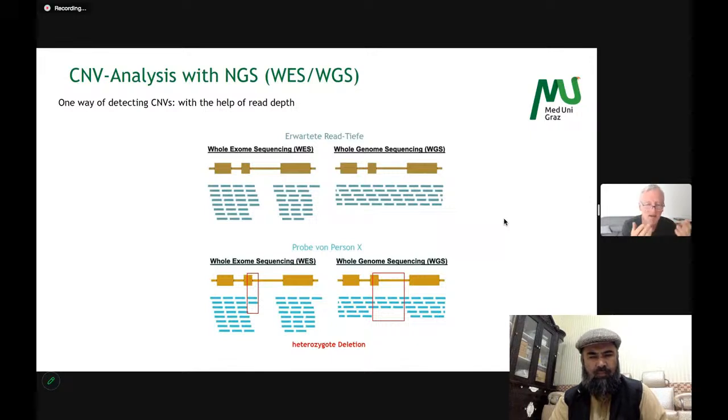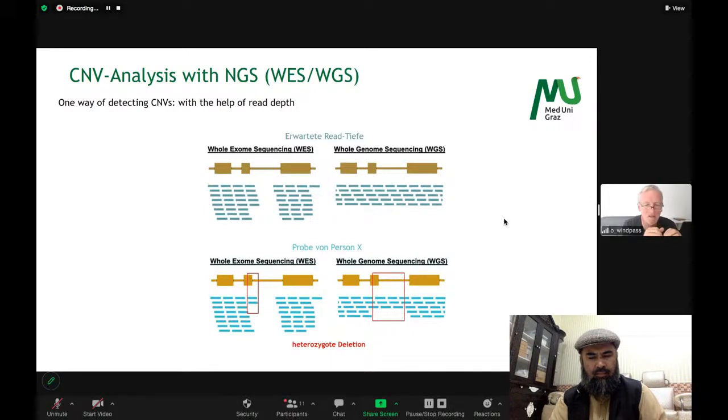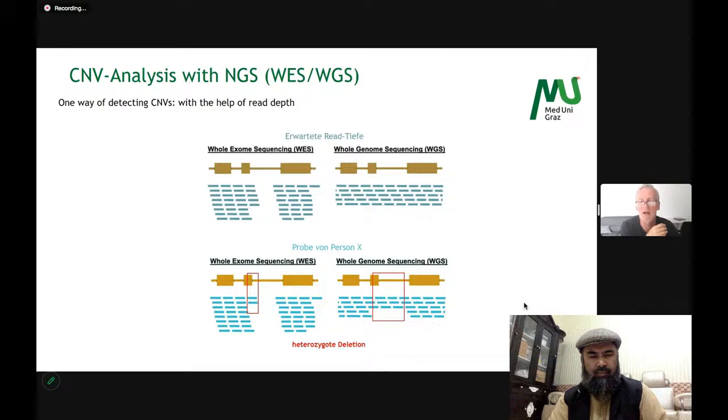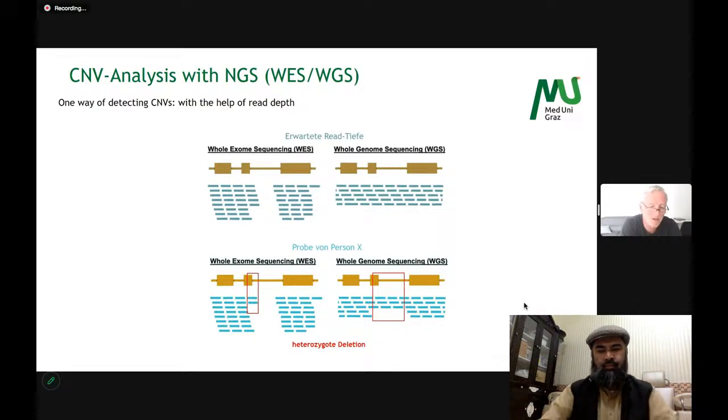But as a future perspective, I can also say that we will probably switch in 1 or 2 years to whole genome sequencing instead of whole exome sequencing, and as you see on the right side, we would then also be able to detect reciprocal translocations where there's no genetic material missing.